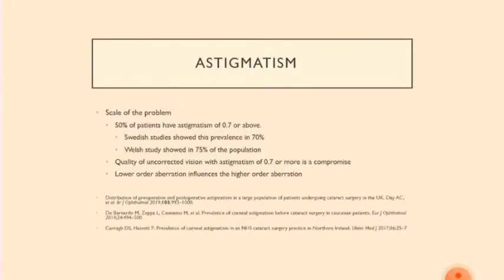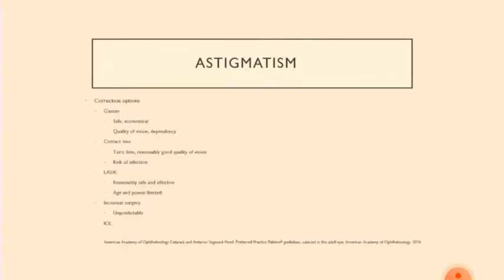So what's the scale of the problem? A lot of studies have shown that 50% or more of the general population will have astigmatism of 0.7 or above. So what are the options? The best option usually is glasses, and people do excellent, no issues at all. If they don't want glasses, you've got the options of contact lenses or LASIK.